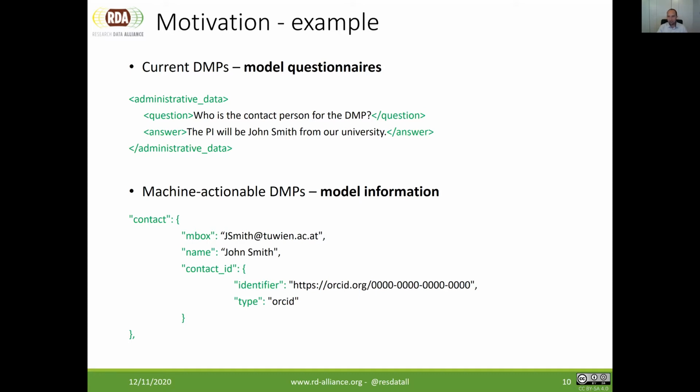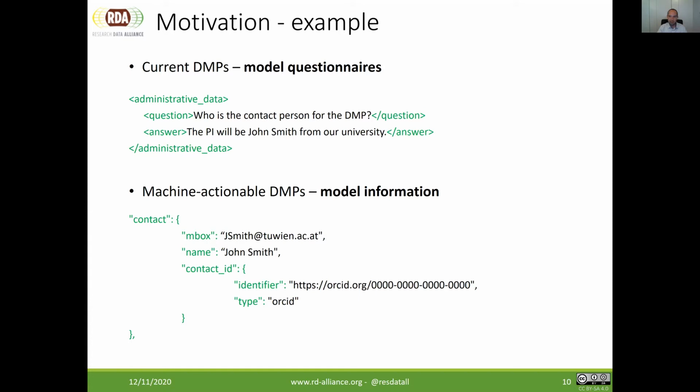And it's very hard to write a tool that can automatically query this kind of information and find out who the contact person for DMP is, because this would require parsing the text, and this is not a straightforward activity. Machine-actionable DMPs, in turn, model information.